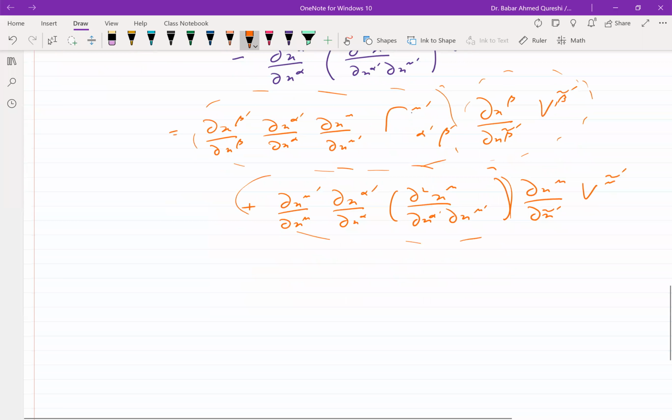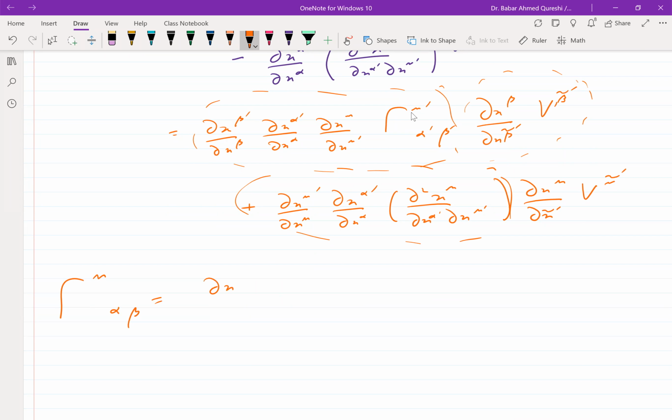This will be then the transformation of these connection components.